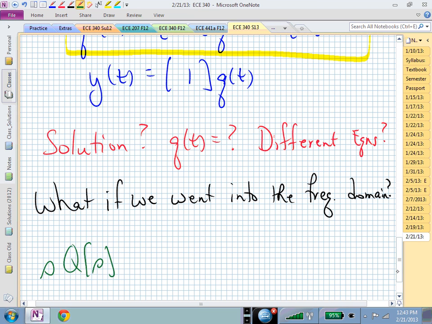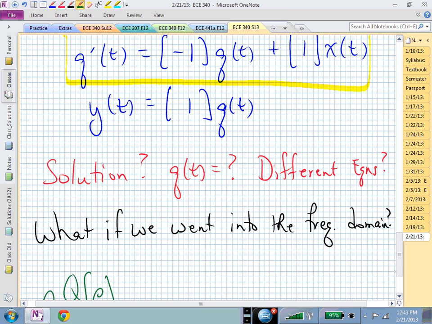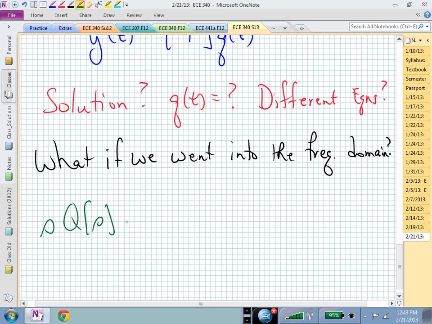Do we need to do anything else when we Laplace transform a derivative? We do have to now account for the initial conditions. We now have minus Q of 0 minus, and that's the value of the state Q, or that capacitor voltage at time t equals 0 minus.